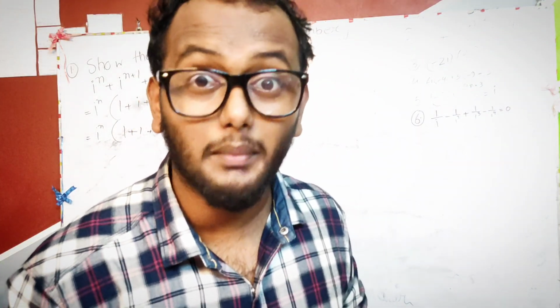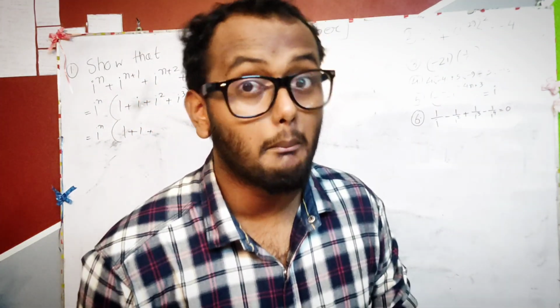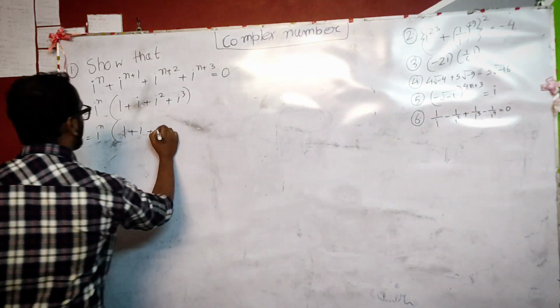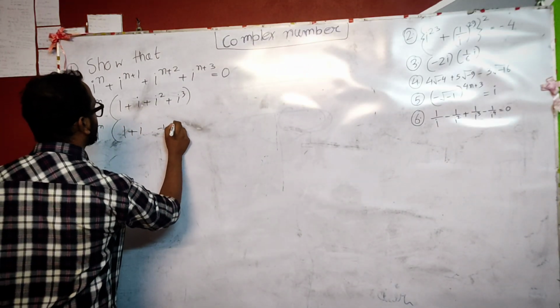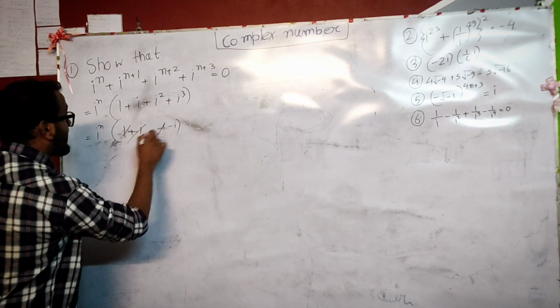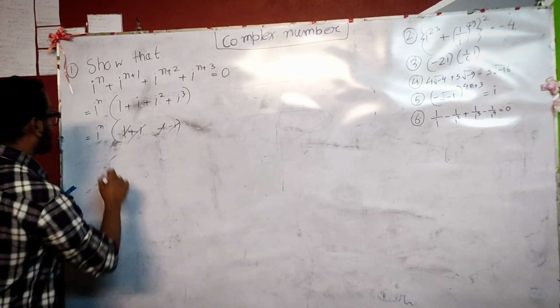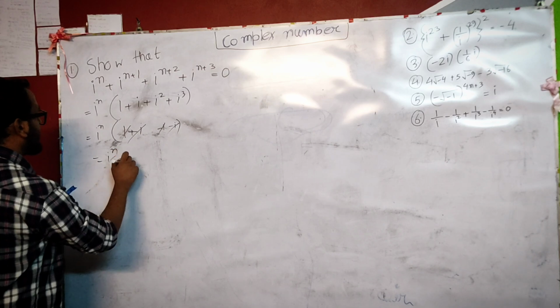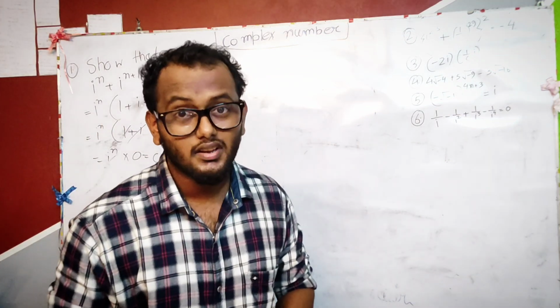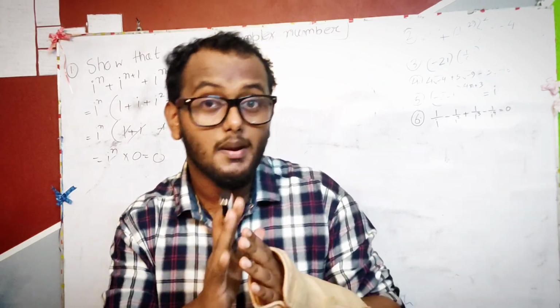The value of i square is minus 1 and the value of i cube is minus i, from the last lecture. So minus 1 and 1 cancel out, and i and minus i also cancel out. So i to the power n into 0 is 0. See, the right hand side came. So this is all about the first problem.